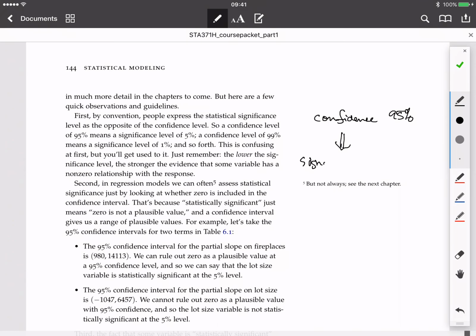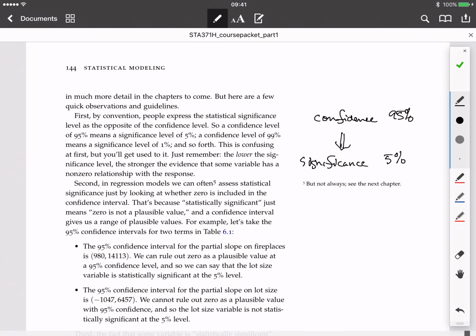That implies that your statistical significance level is 5%. Where a confidence level of 99% would imply a significance level of 1%. That's a little confusing at first, but just remember, the lower the significance level, the stronger the evidence that some variable has a non-zero relationship with the response.